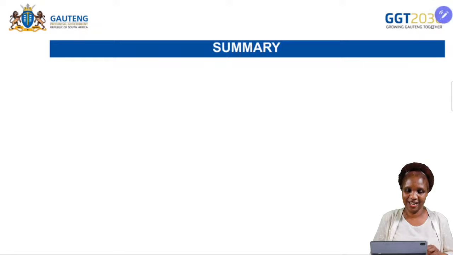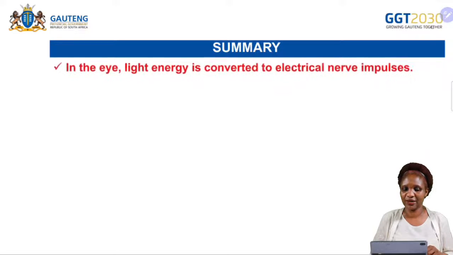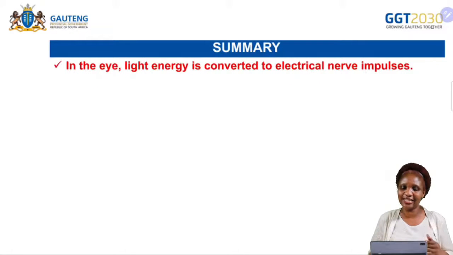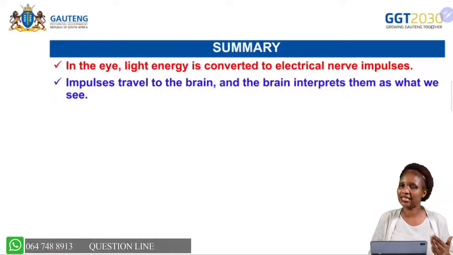Grade 8, with our summary again. In the eye, light energy is converted to electrical nerve impulses. And then these impulses travel to the brain and the brain interprets them as what we see. Okay. If we are seeing green, the mind would have interpreted it as green. Why?